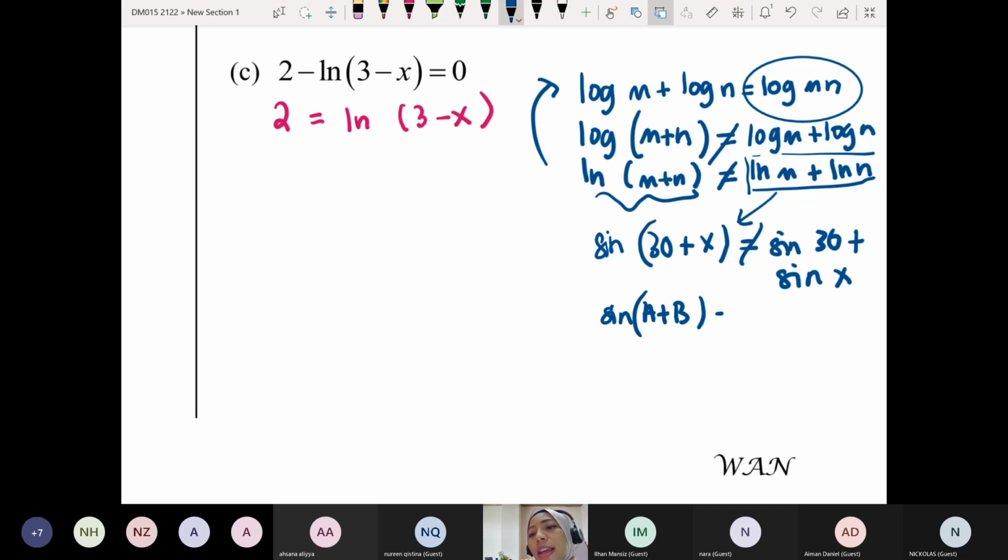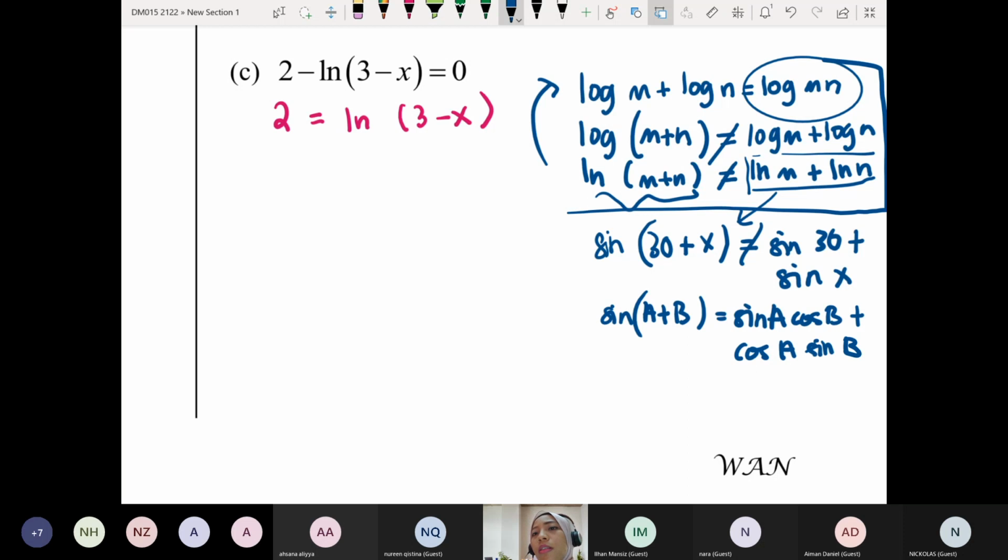Sin A cos B plus cos A sin B. Okay, so keep that in mind ya. So tak boleh sesekali expand. Ingat log tu dalam tu macam angle. You tak boleh expand. Never ever.